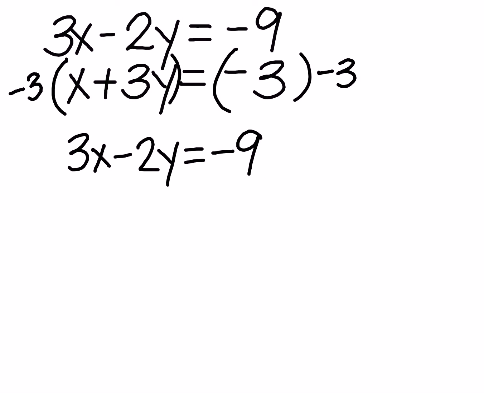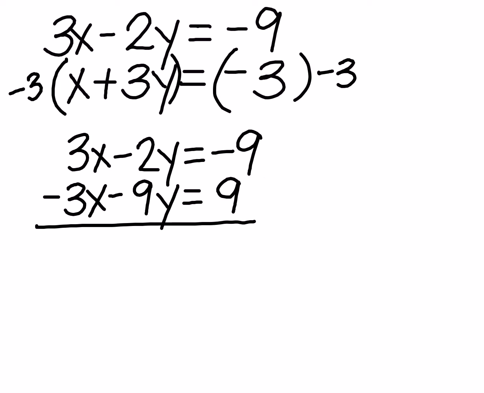We're going to apply distributive property on the left side of the equation. Negative 3 times x and negative 3 times 3y. So I have negative 3x. Negative 3 times positive 3y is negative 9y equals, a negative times a negative makes a positive, 9.